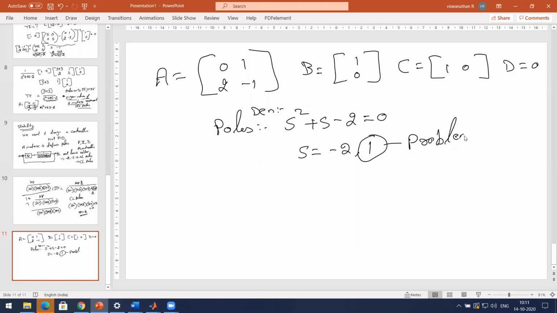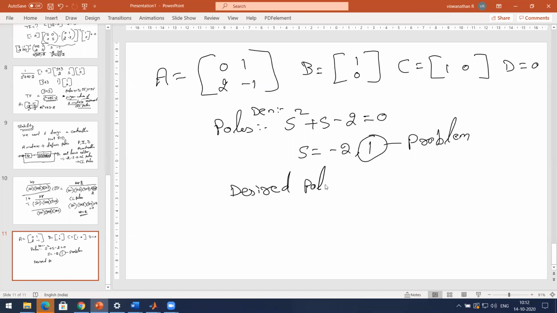Since this is positive, the system will be unstable. Now what you need to do is change this A matrix in such a way that you get the desired poles. What is the desired pole?